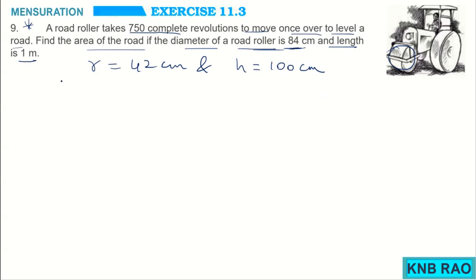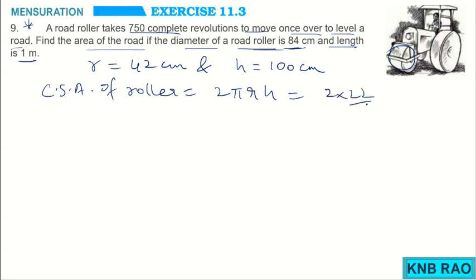Now the CSA of the roller, that is the cylinder, is actually moving on a road. Therefore, I have to find the CSA of a roller. 2 pi r times h, 2 into 22 by 7 into 42 and into 100.